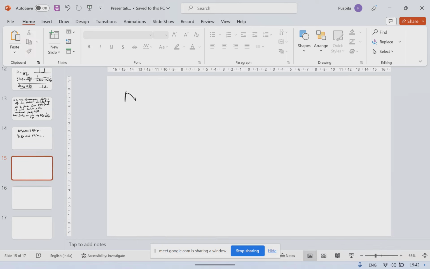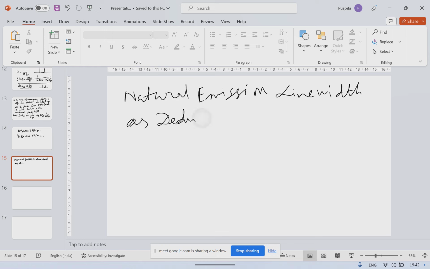So how can we treat the natural emission line width as deduced by quantum mechanics?